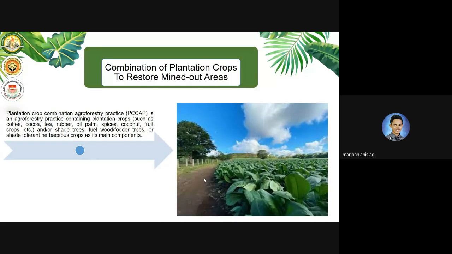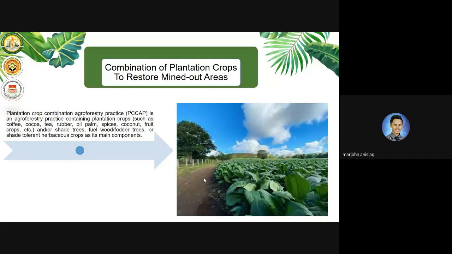This agroforestry practice can be recommended in an open landscape that does not undergo mining activities, but for landscapes that are open due to deforestation and logging purposes only.